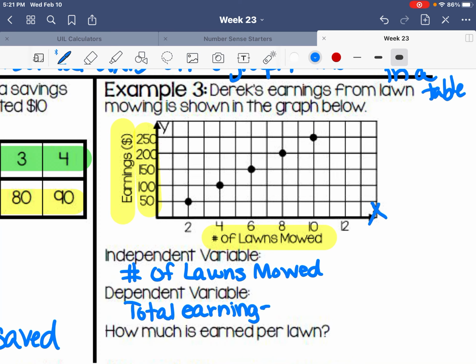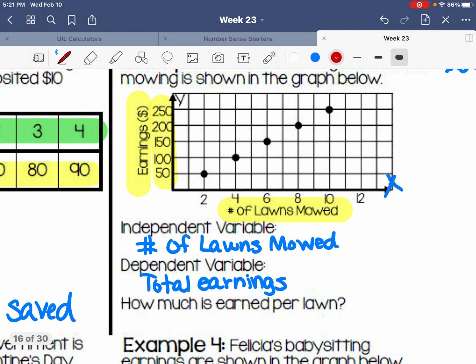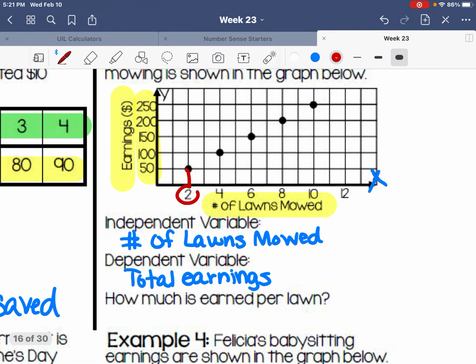Now here's another little extension question. How much is earned per lawn? If I look at the graph, I can see that Derek mows 2 lawns, he makes $50 because that's where those 2 lines intersect. We want to know how much it is for 1 lawn.